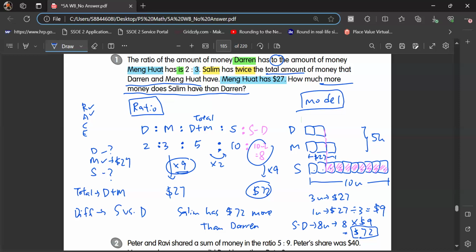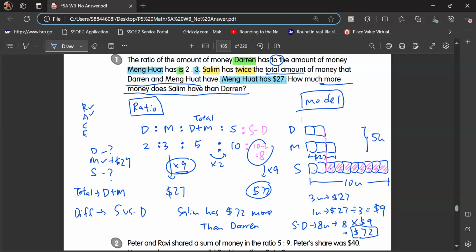So first of all, I need to figure out all this complex relationship between these 3 people: Darren, Menghua, and Salim. They are in such a complicated relationship. First, you have Darren and Menghua, Darren being 2 units, Menghua being 3 units. Then there's this part talking about the two of them adding up together.